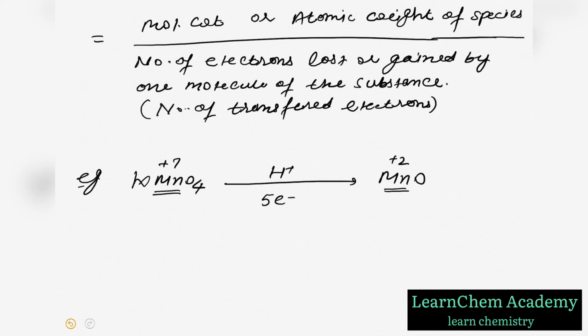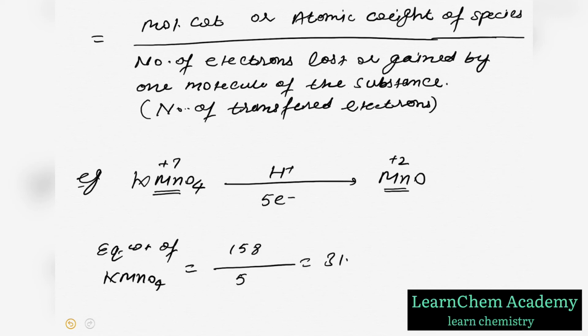So in this case the equivalent weight of KMnO4 will be its molecular weight, 158, divided by the number of electrons it gains, that is 5. So we will get 31.6 as the equivalent weight.